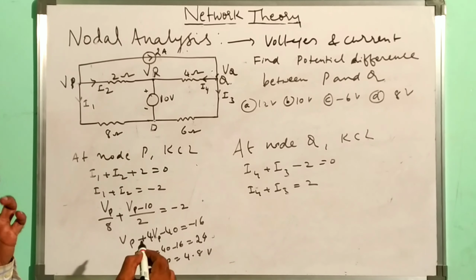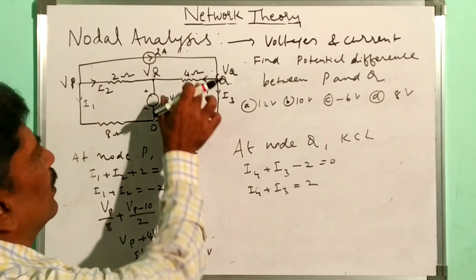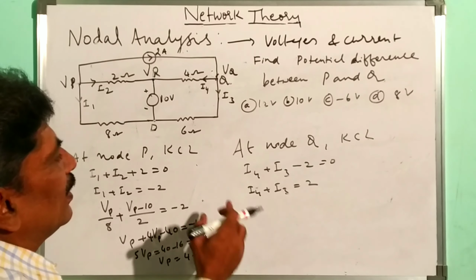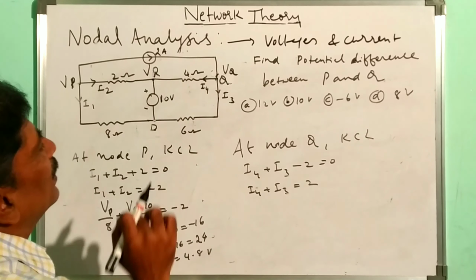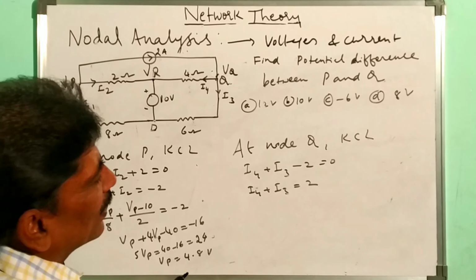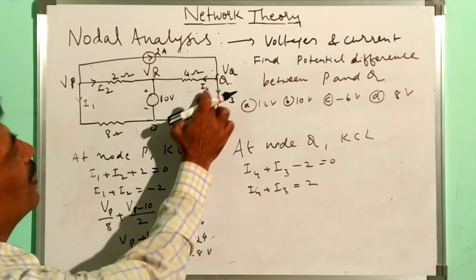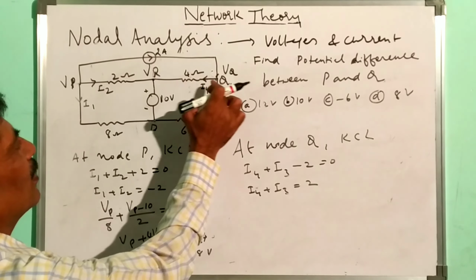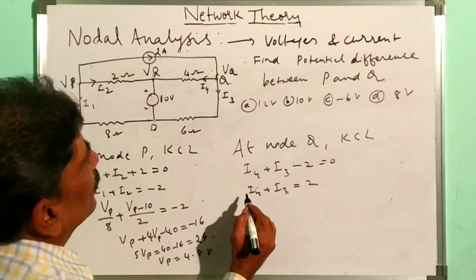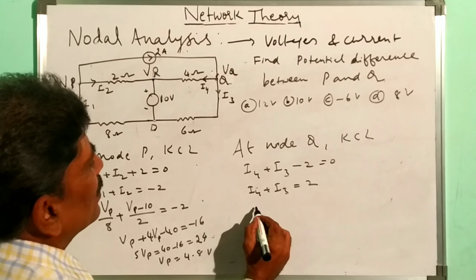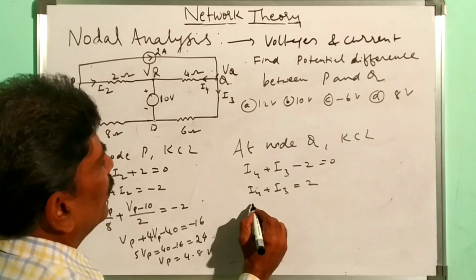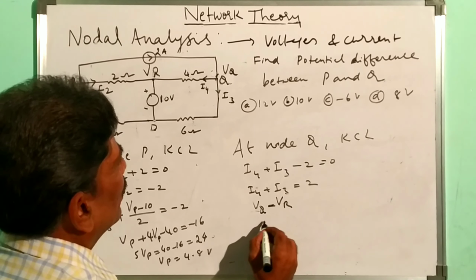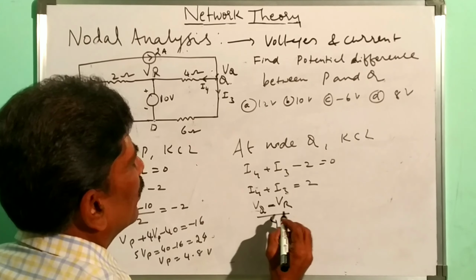What is I4? I will write directly now without taking this branch separately and explaining. I will find it from this circuit only. I4 is moving from VQ to VR, so I4 is equal to VQ minus VR by 4.